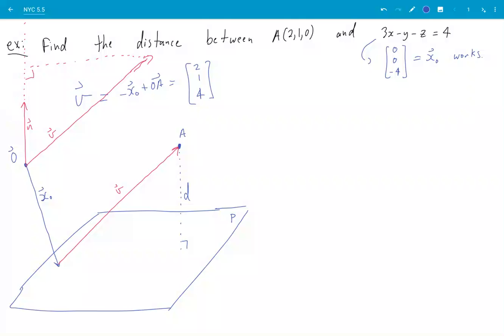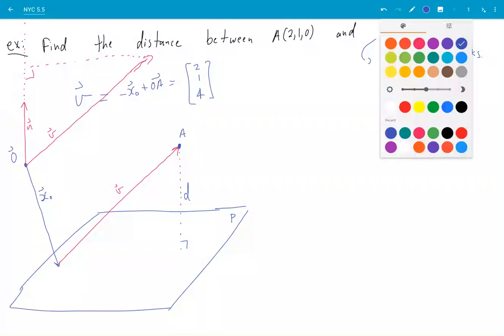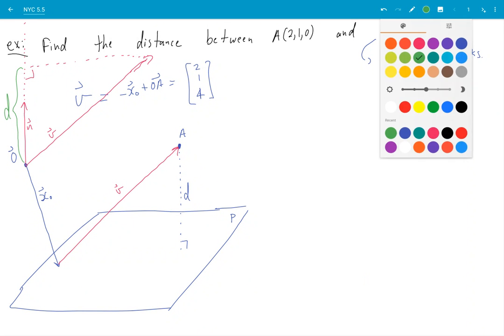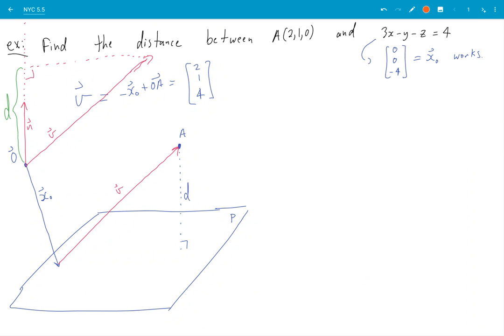Or more accurately, I want the length of this vector here. Because, in fact, this is exactly d here. It's the same d as we have here. Okay, so how can I find the vector that goes from this point here to this point up here?